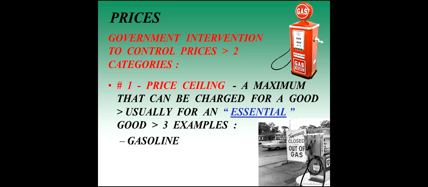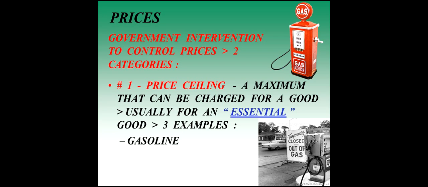The government placed a price ceiling on a gallon of gas, and what the oil companies did is they simply took their oil and gasoline elsewhere, and we wound up having a shortage of gasoline. So that didn't turn out too well for the consumers in asking for the price ceiling.